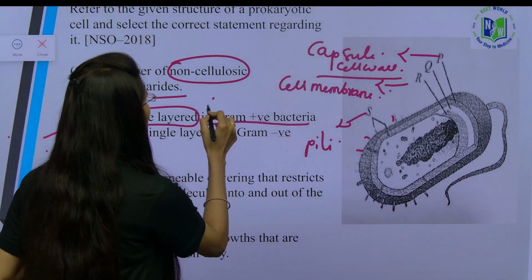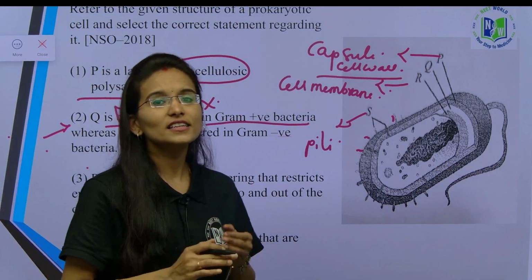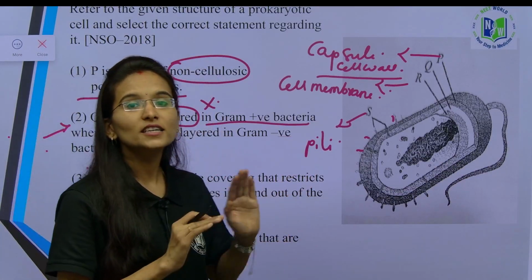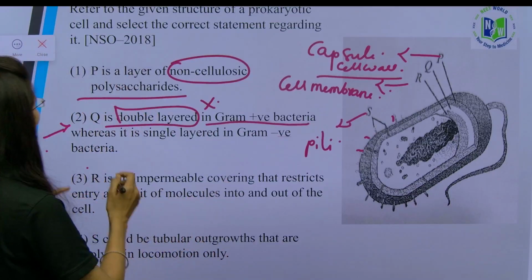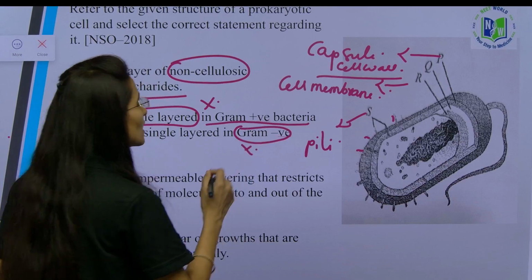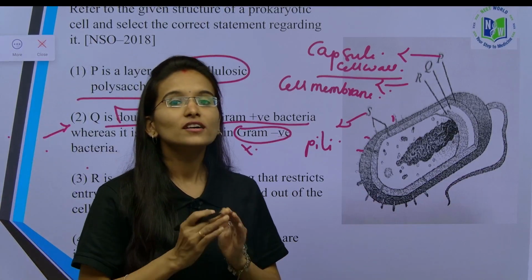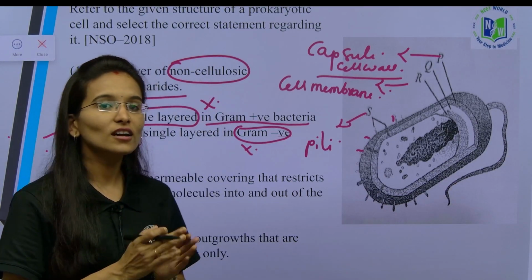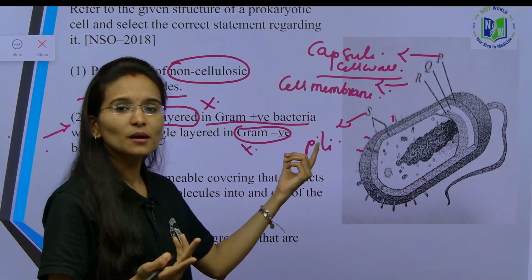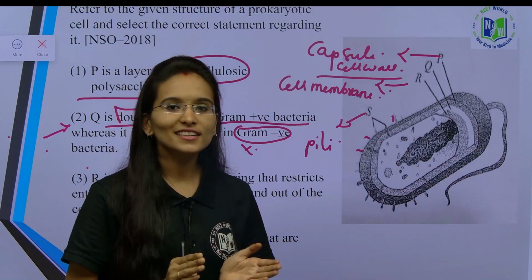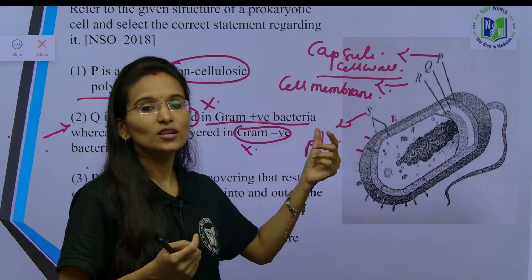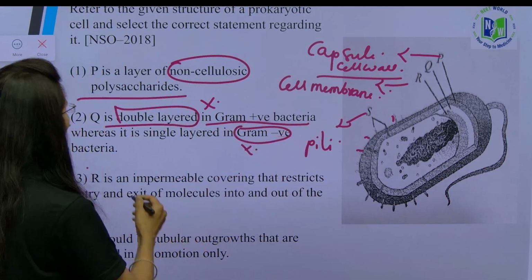It is wrong, students, because it is very thin and it is made up of only a single layer called peptidoglycan in the gram positive, but it is not double layered. Whereas in the gram negative it is made up of a double layer along with the peptidoglycan and some lipopolysaccharides. So, in gram negative it is double layered and in the gram positive it is single layered. This is the differentiation between them. So here the terms are twisted, so this is the wrong option.